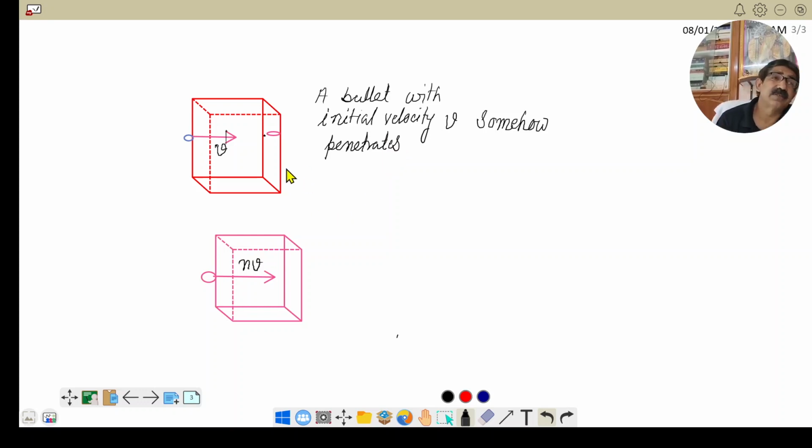Somehow penetrates means it penetrates and the velocity becomes 0.